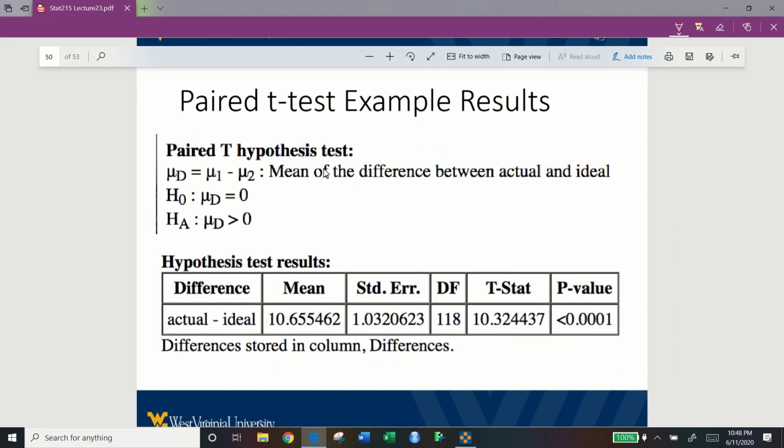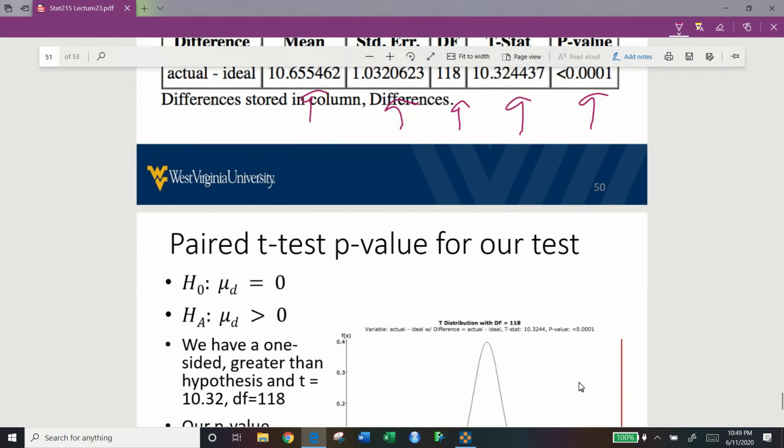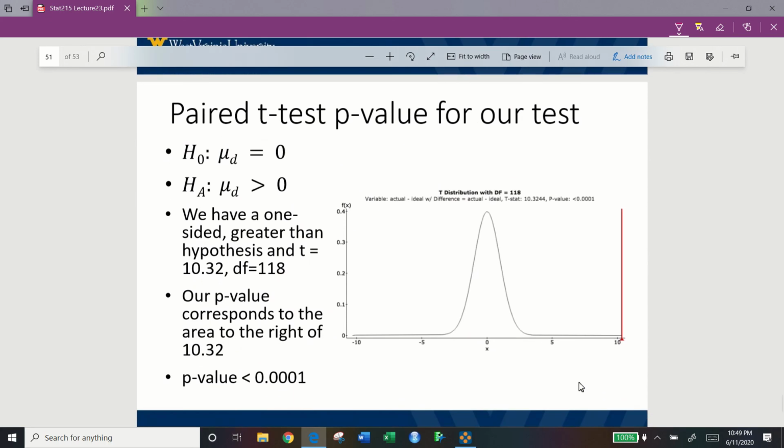So by looking at our test results, we have our mean difference, standard error, degrees of freedom, test statistic, and the all-important p-value. Notice this p-value is less than 0.0001. If we desire, we can look at our visual for this. As it is a one-sided t-test, we can see that our shaded area is way over here.